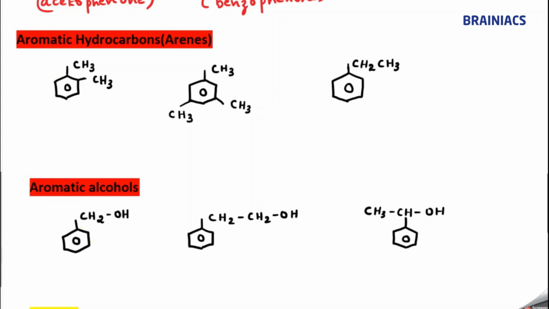So I can say this is called, you can represent it in two ways. While numbering, I can say this is 1, this is 2, so 1 comma 2 dimethyl benzene.